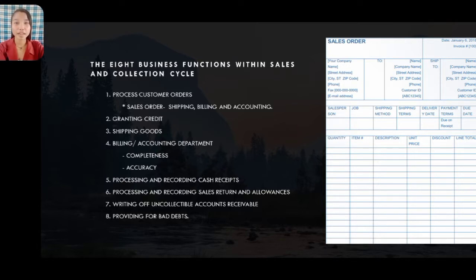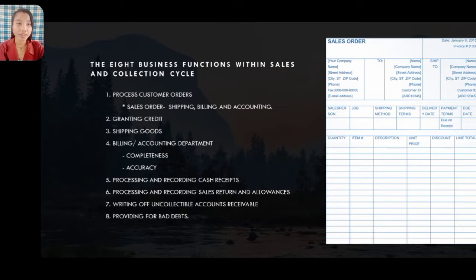It starts by processing orders, or processing customer orders. Indeed, customers might send an email or call by telephone to send their purchase orders. Once that happens, we will create a sales order, and a sample of a sales order is shown on the right side of the slide.